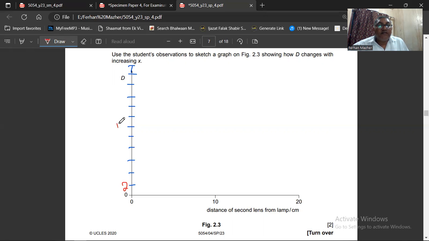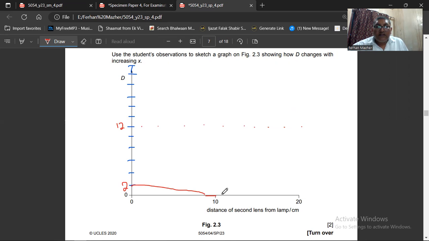This will be 12. So when x is 0, the diameter of the shadow is 2. When it's 9, it disappears, at 10 it reappears again, and at 20 it is 12. So join it with a straight line here.